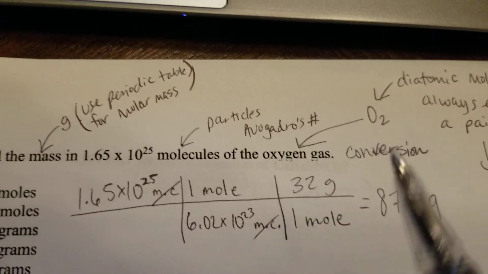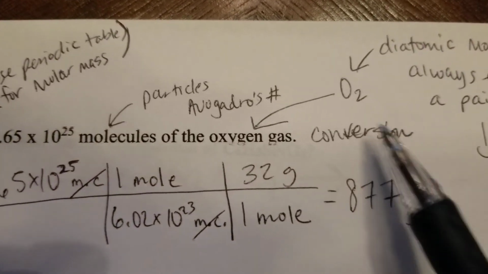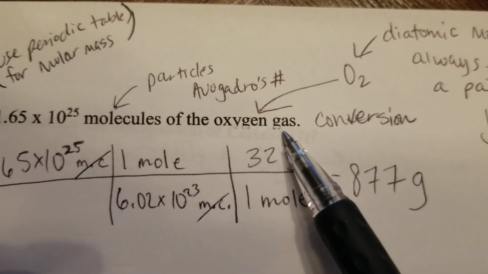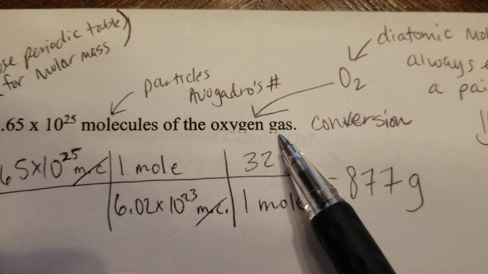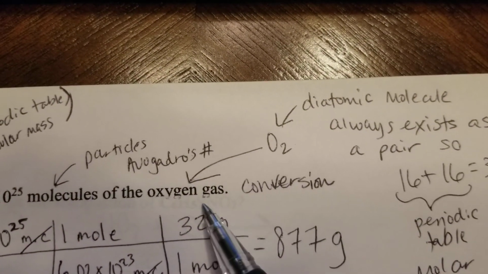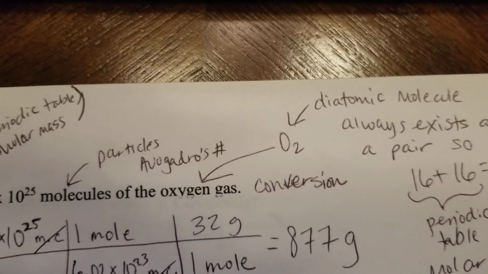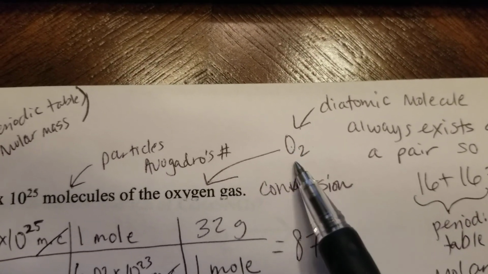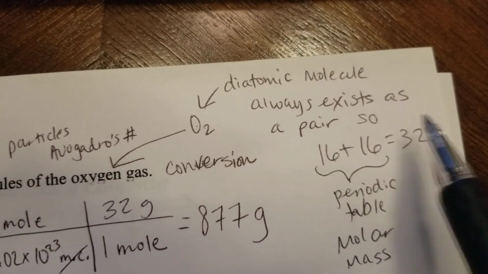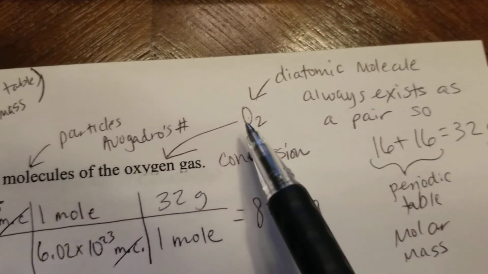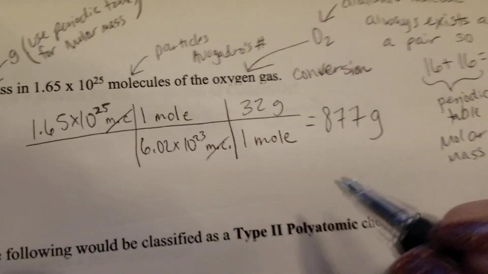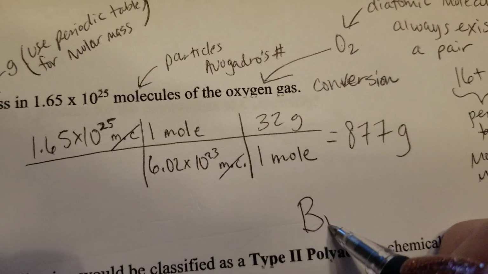So here's another thing that you need to know, and I'm sure your teacher already taught you. Oxygen gas is one of the elements that exists as a pair, which is called diatomic. So it's O2. Oxygen gas is not just O, it's O2. Because it's a diatomic molecule, it always exists as a pair. Your teacher might have taught you to remember them as Brinkelhoff.